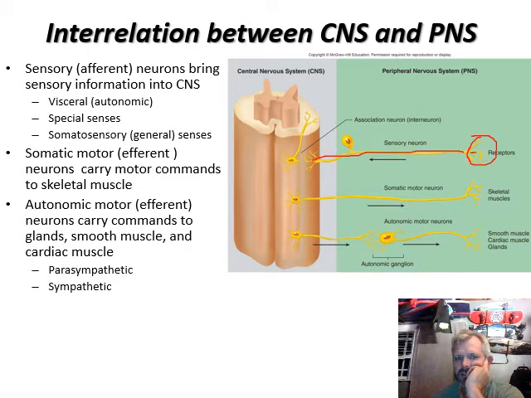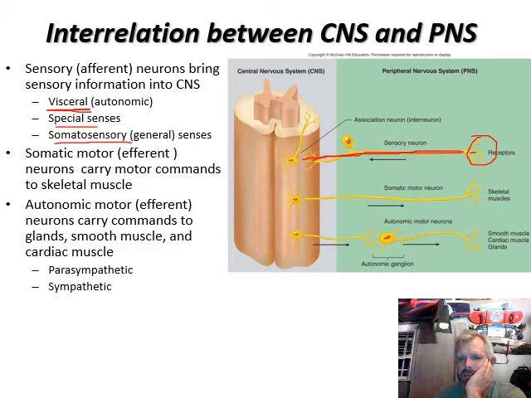These sensory neurons can be visceral, coming from the organs, special senses, which we will go over in the head, or somatosensory, the general senses throughout the body. Those are the three components of sensory, and all of them bring the stimulus into the central nervous system.